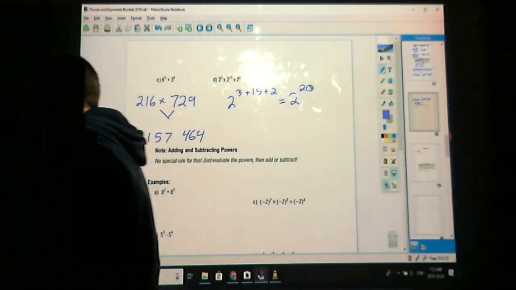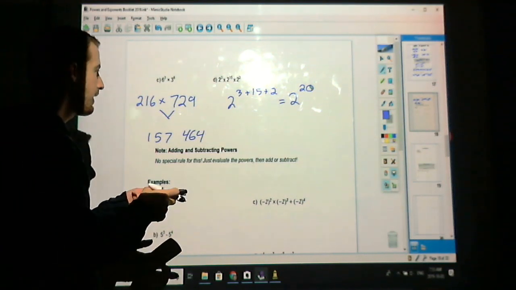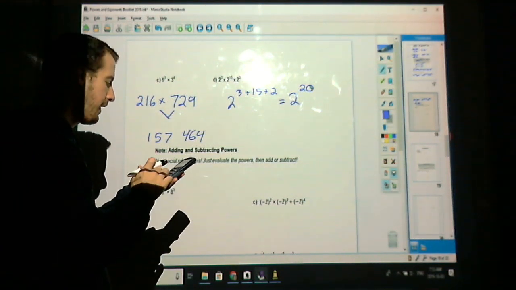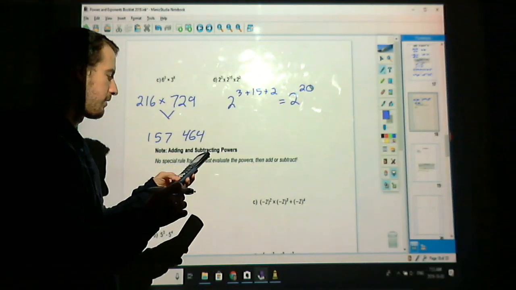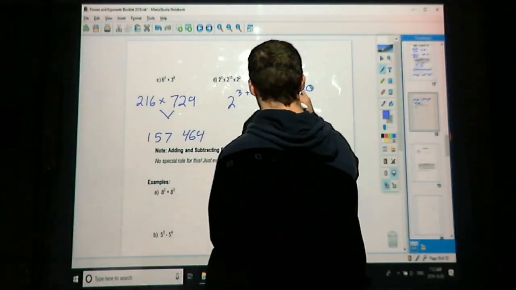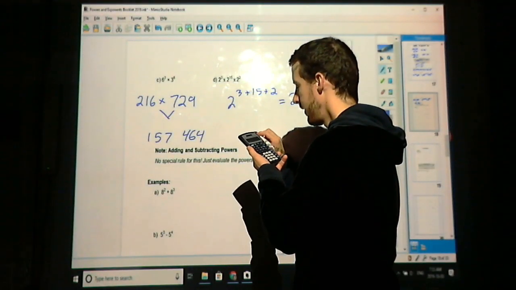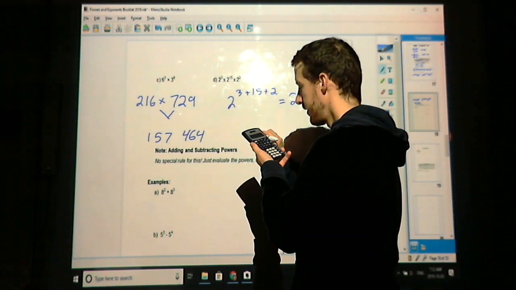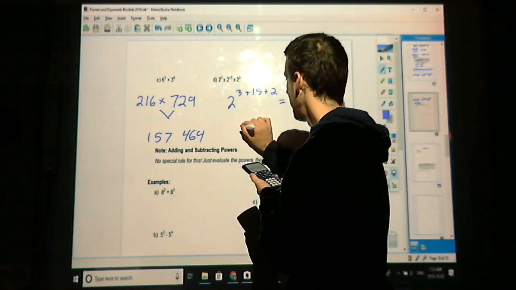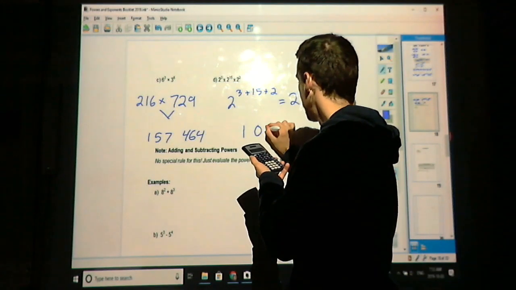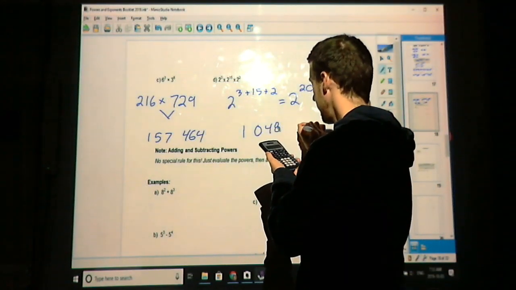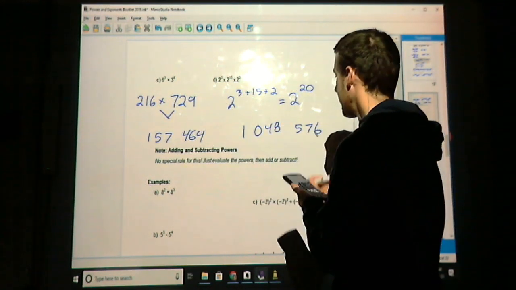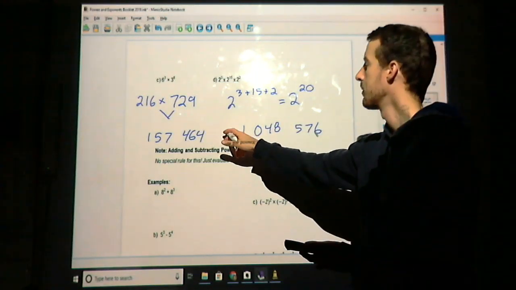If I ask you to solve or evaluate, other than simplify, I would expect us to actually go through the step of figuring out what 2 to the power of 20 is. In this case, we have 1,048,576.